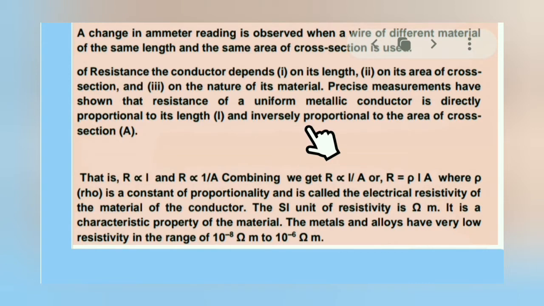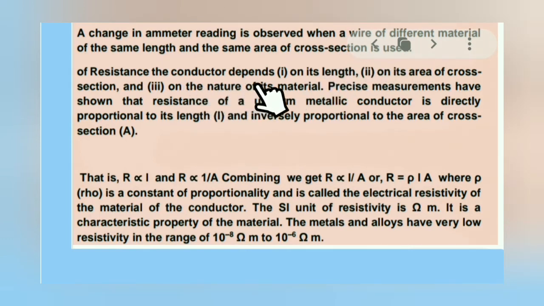This is because the material of copper is different from nichrome. So a change in ammeter reading is observed when a wire of different material of the same length and the same area of cross section is used.